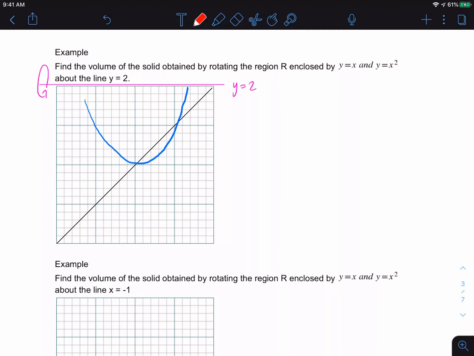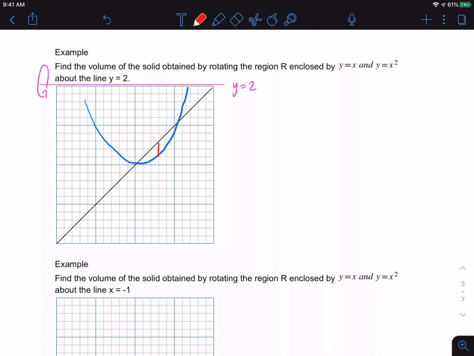Yes, it's going to be a vertical slice. Someone said horizontal. It's vertical. And here's why it's vertical. Remember, the cross-sectional slice always has to be perpendicular to the axis of rotation. That's the critical piece. It's got to be perpendicular to that y equals 2.